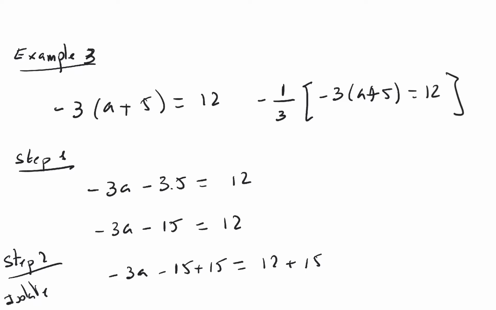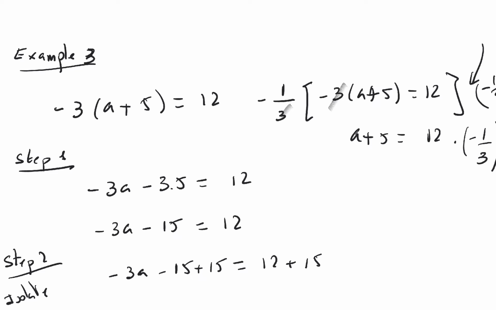So I multiply the whole equation by 1 divided by -3, and I'm lucky because this -3 will cancel with this -3, and I will have a plus 5 equal 12 multiplied by -1/3.